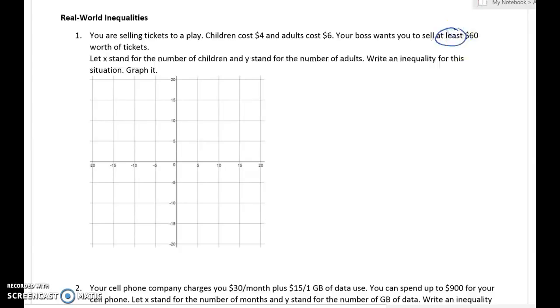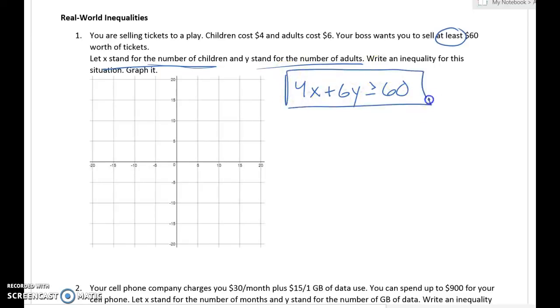So if X is the number of children and Y is the number of adults, for the overall amount of money you will make when you sell these tickets, $4 for each child times X children plus $6 for each adult times Y adults. We need at least $60, so greater than or equal to 60. So there's our inequality.